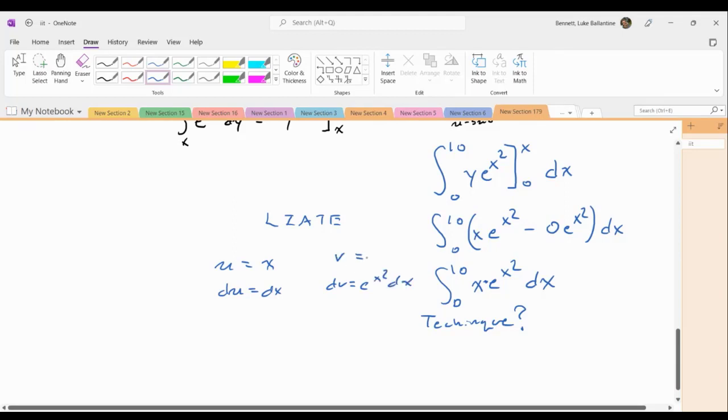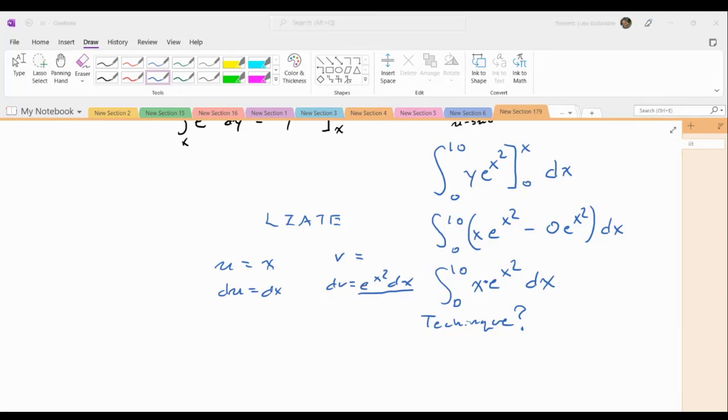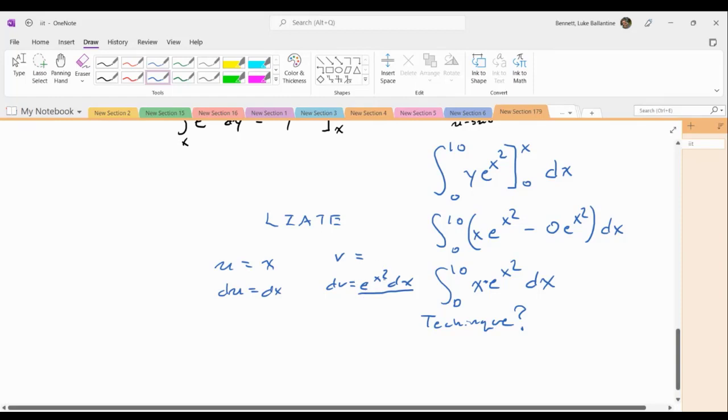Oh, see, we can't use this because we can't integrate this one. It's good to know when you have something you can't handle, and this is one of those cases. We can't use integration by parts here because we would need to integrate e to the x squared dx to get v.